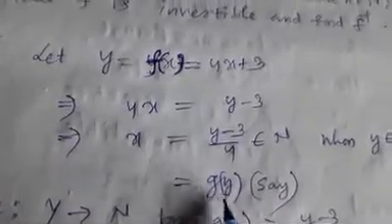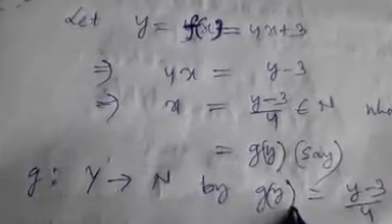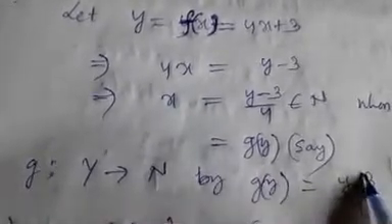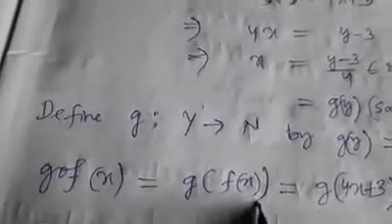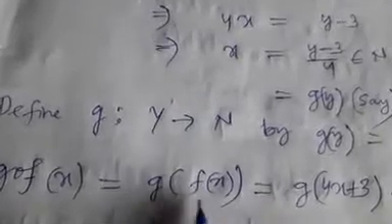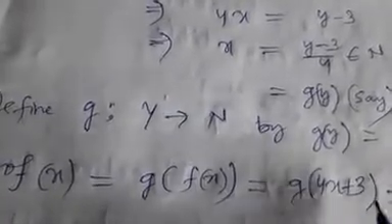Let us take g of y. Define g such that big Y to natural number by g of y is equal to (y minus 3) by 4. So, g∘f of x is equal to g of f of x. In the place of f of x you put 4x plus 3, because here f of x is equal to 4x plus 3.